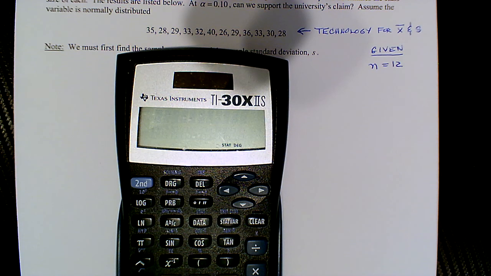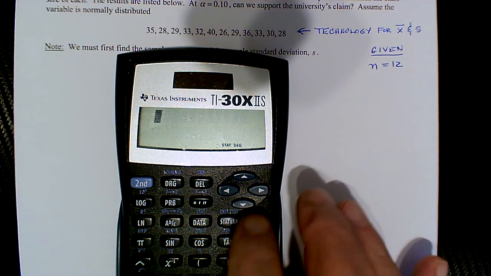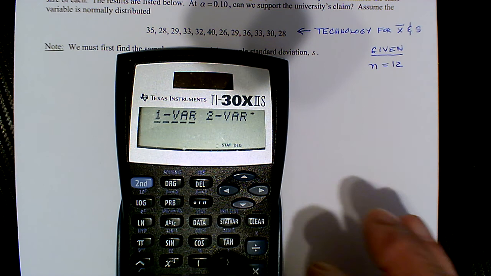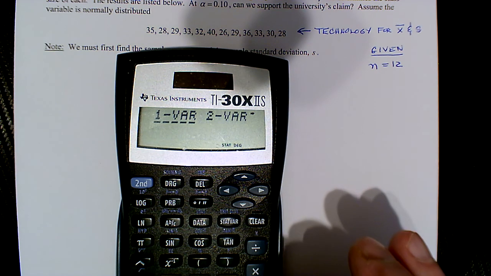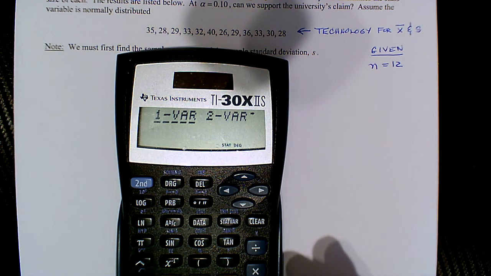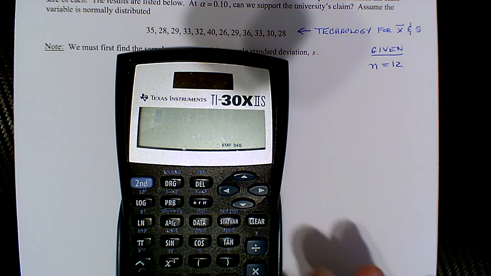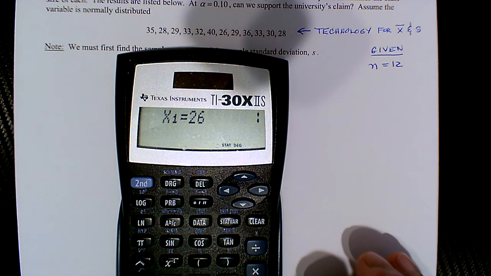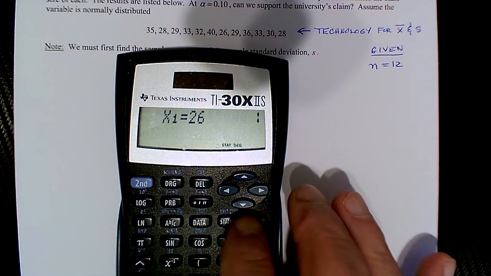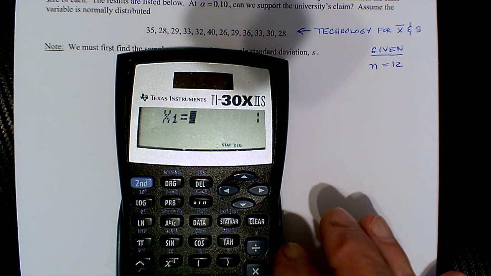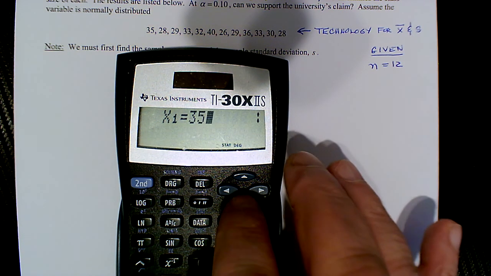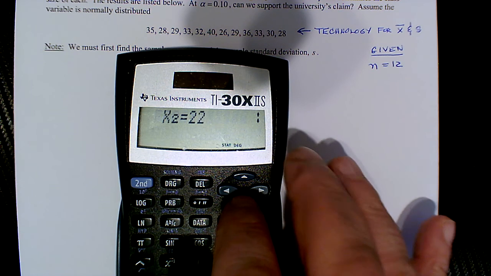All right, if I clear everything, it looks like I'm already in stat mode. I'm going to stat, one variable, enter. I want to list my data. We've got some old data in there, so I should clear it, but I'll just clear it as I go. So 35, frequency 1, 28, I'll just override these.